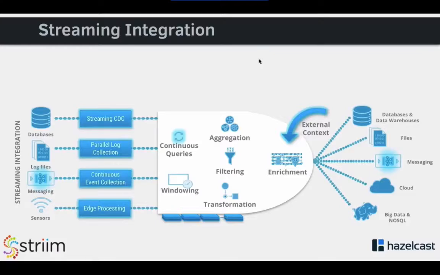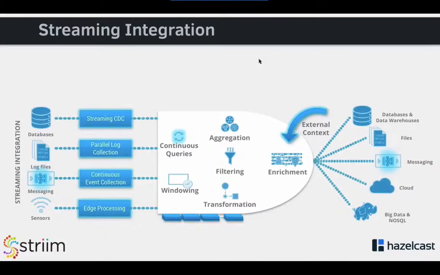Within our platform, you can take that stream or any other stream and run it through a set of continuous queries to process that data. Those queries are written in a SQL-like language that enables you to do things like filtering, transformation, and aggregation. You can add reference data and enrich that data. Then you can deliver it to targets. You can push data into databases, files, message queues, the cloud, big data, and in this instance also Hazelcast.